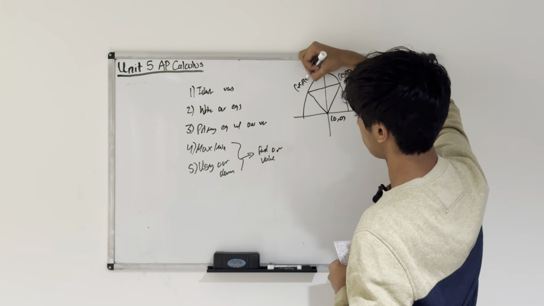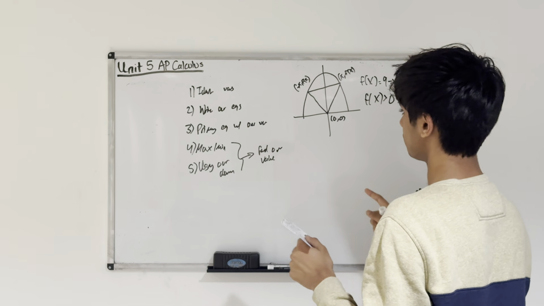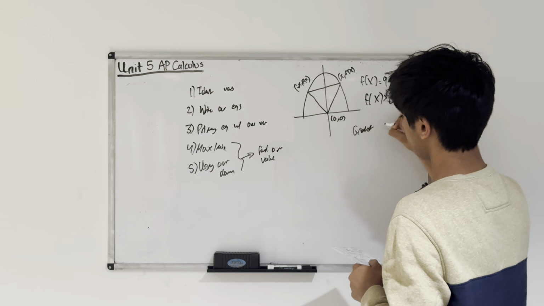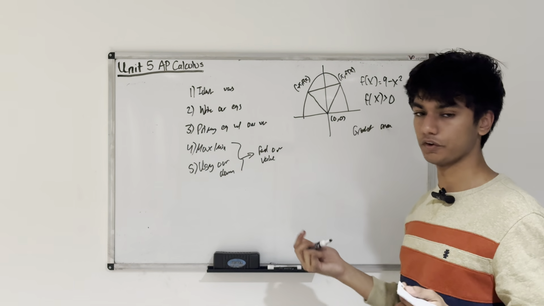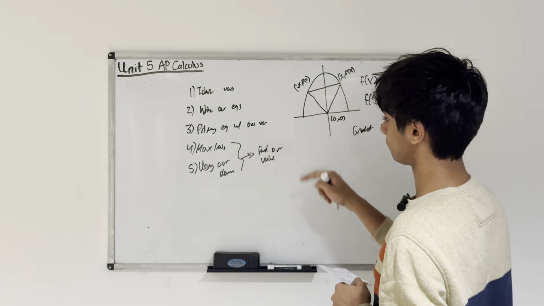Sorry, not equilateral, an isosceles triangle. And we want to find the value of x for the greatest area of this triangle.